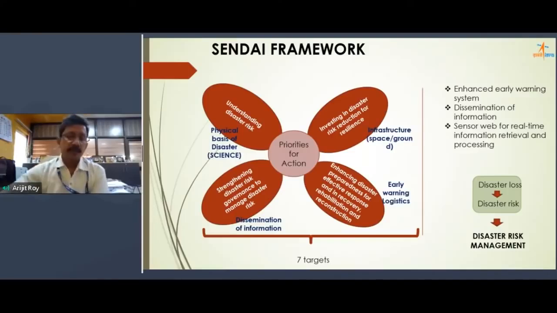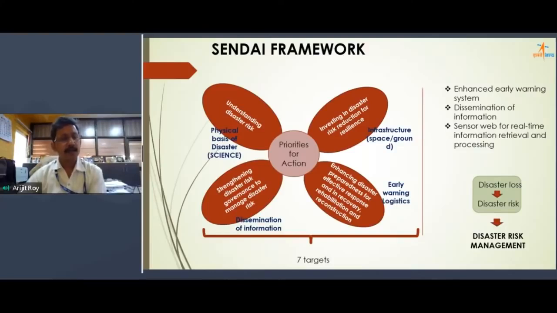And the Sendai framework had 7 targets, basically to reduce the damages, reduce the loss of life, and improve the resilience of the communities to the disaster by basically 4 priorities of action.